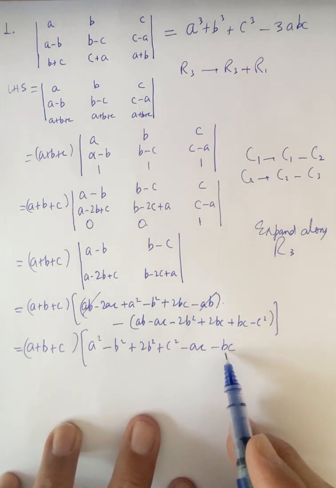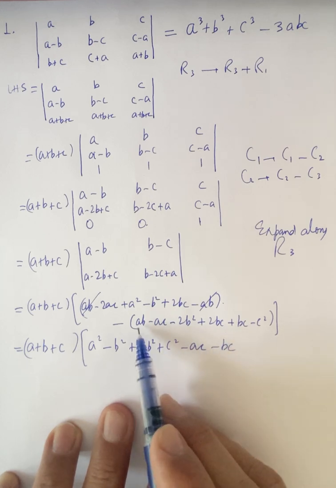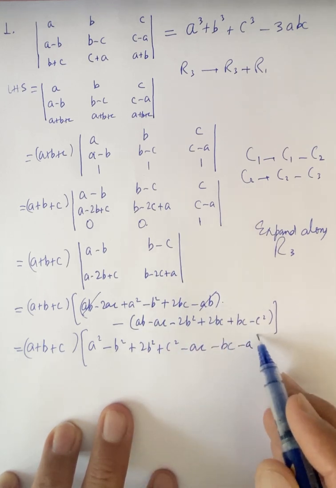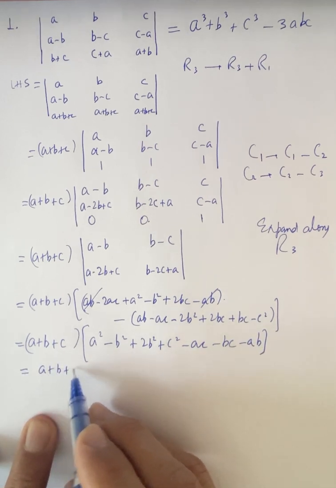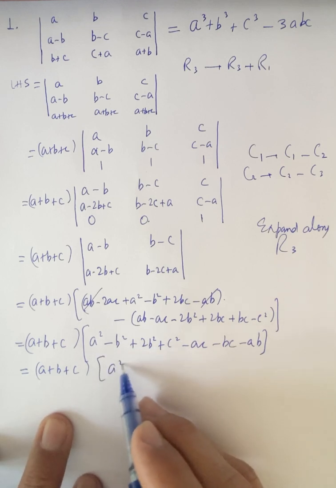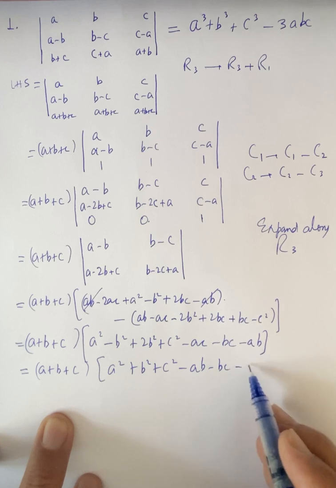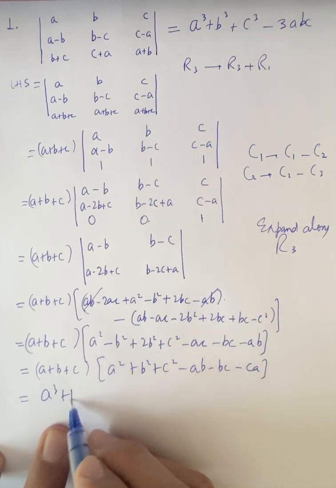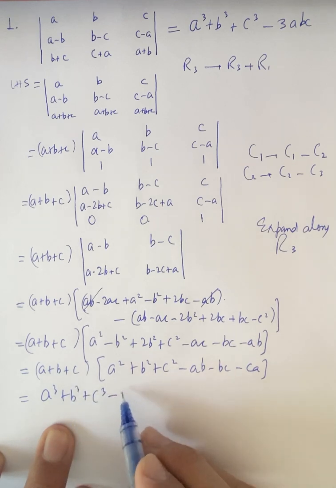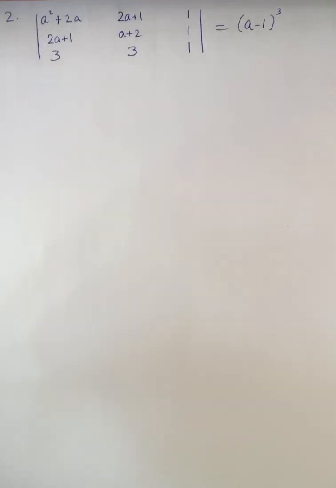So ac, bc, and ab minus ab. So that's a plus b plus c into a square plus b square plus c square minus ab minus bc minus ca. And this is the same as the right hand side. You know, the factors of this are this and this. This is how we prove it.